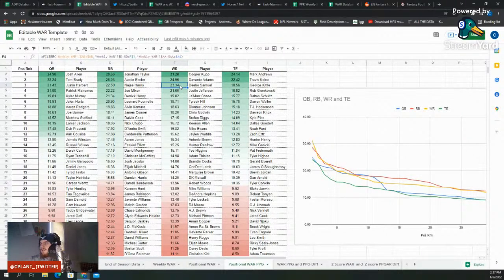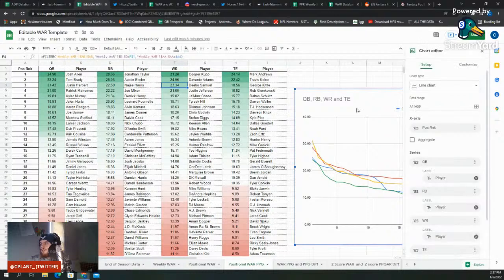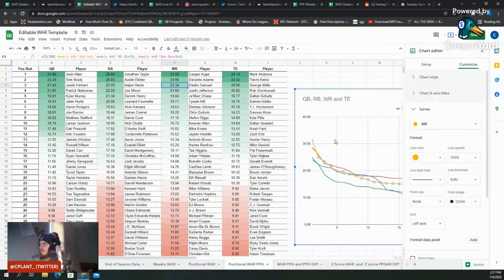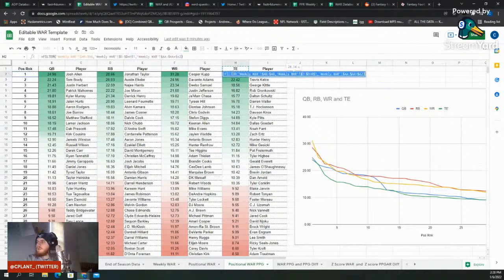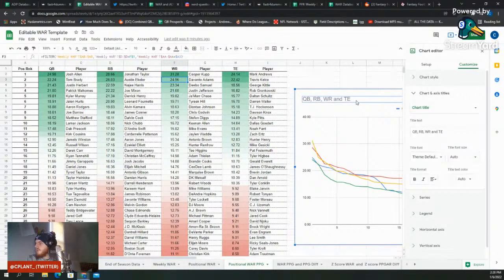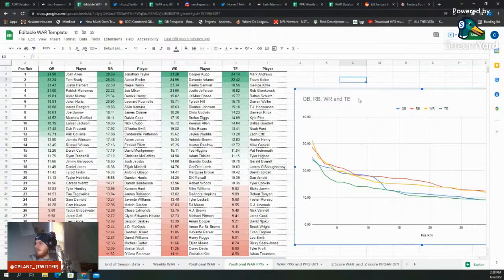But I'm not sure why this isn't... Is this not based off of this? What the hell? I don't know what is going on here. Because really, if Mark Andrews is 24 and this, then it should match up with... it should be closer to whatever the... That's why I'm confused here, why this chart is not showing that.